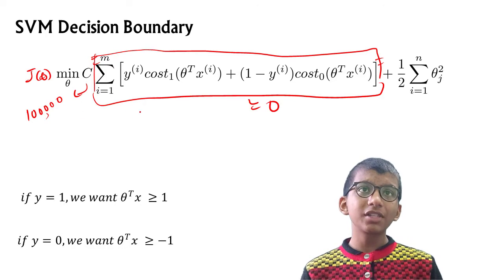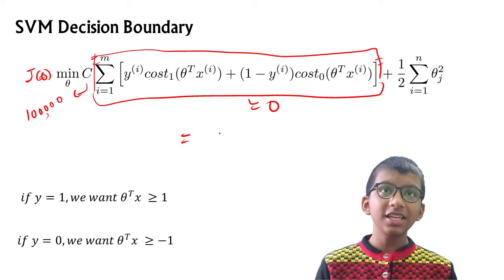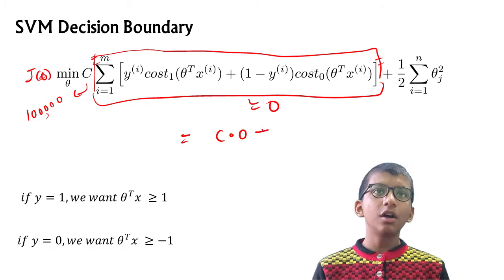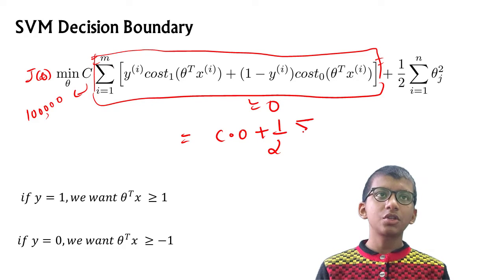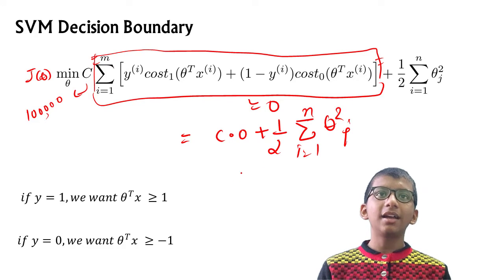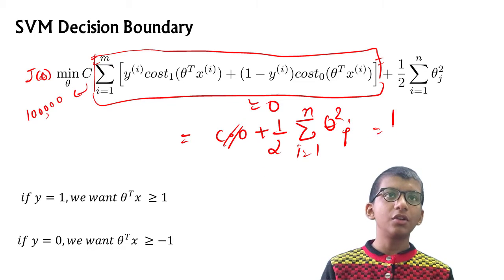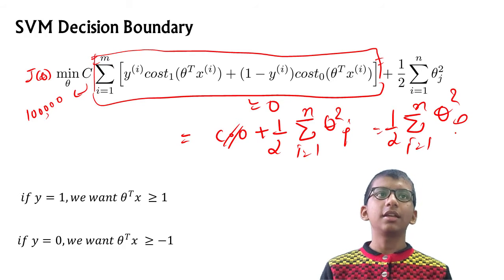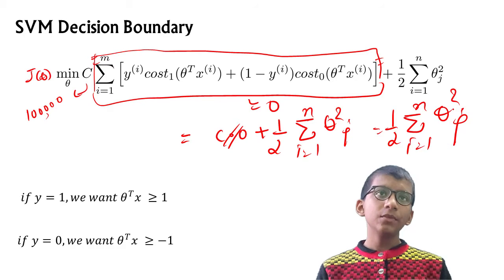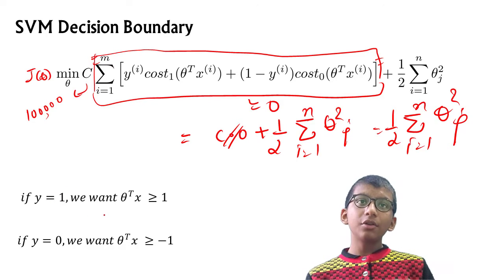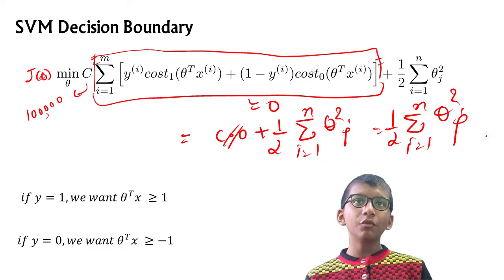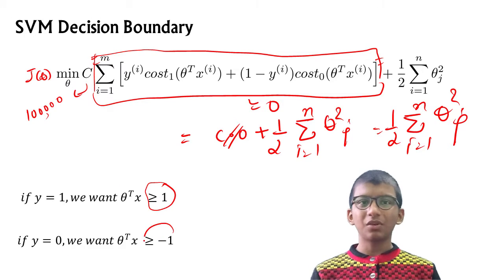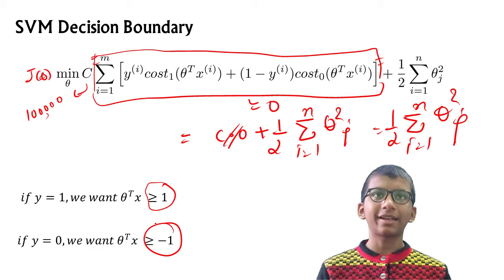By doing that, we get C times 0 plus 1 upon 2, the summation i equals 1 to n of theta j squared. If I remove the constant, it is 1 upon 2 summation of theta j squared, and we want theta transpose x to be greater than 1 or less than -1, as I just said.